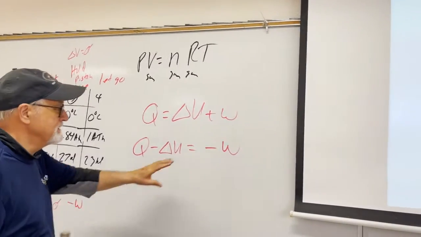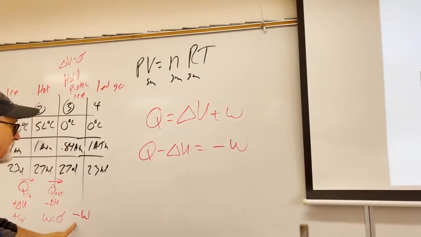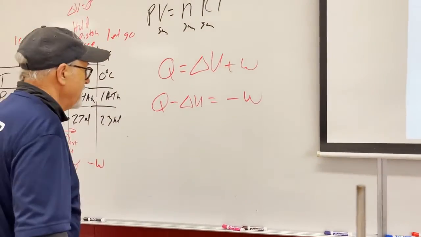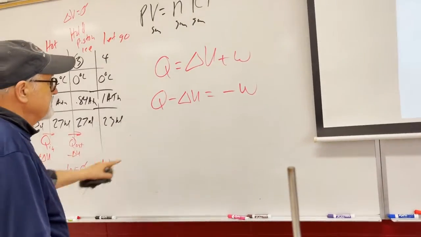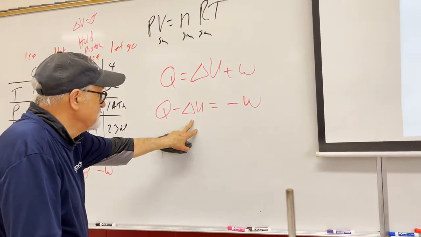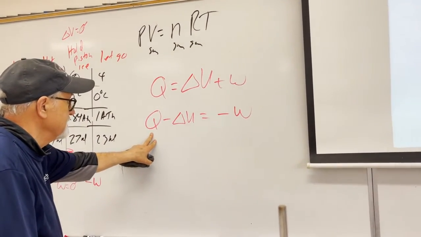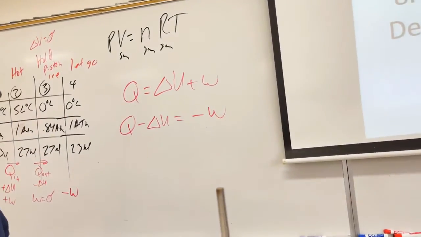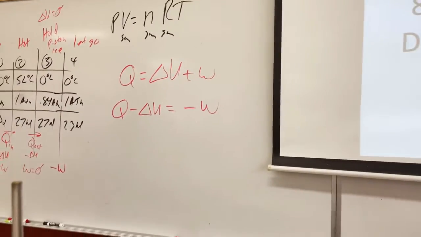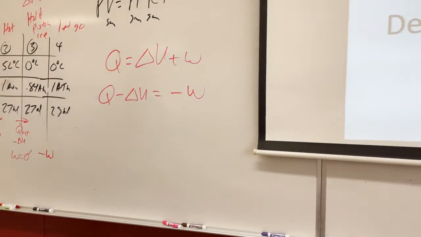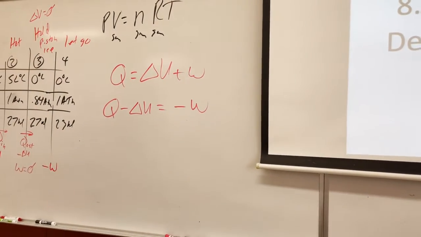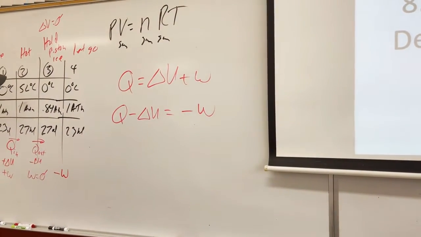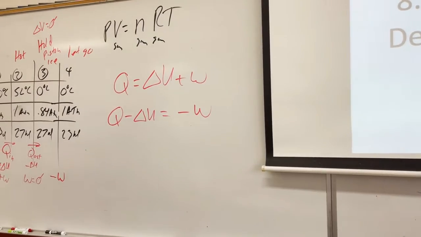Right, and I put negative work here because we've got negative work. So that means that the change in thermal energy was larger than the heat flow, because the heat flow is 0. Now there are other relationships that we haven't talked about that would allow us to solve for this.